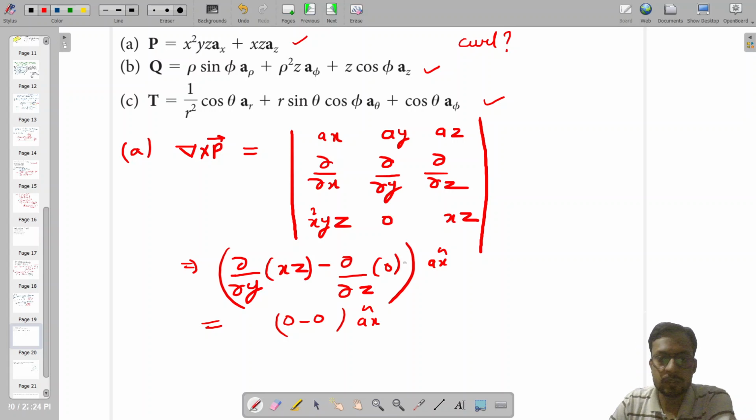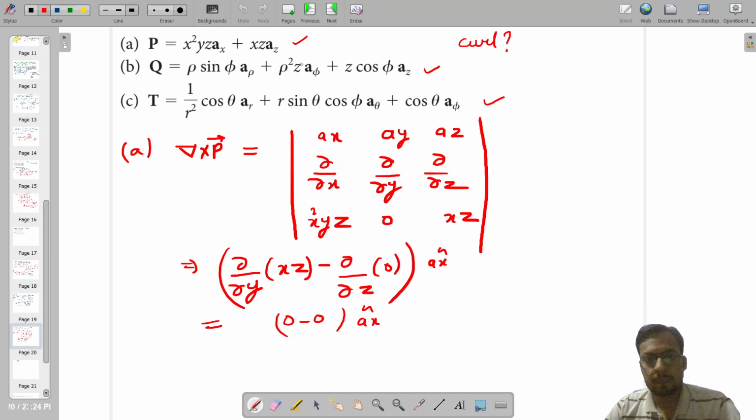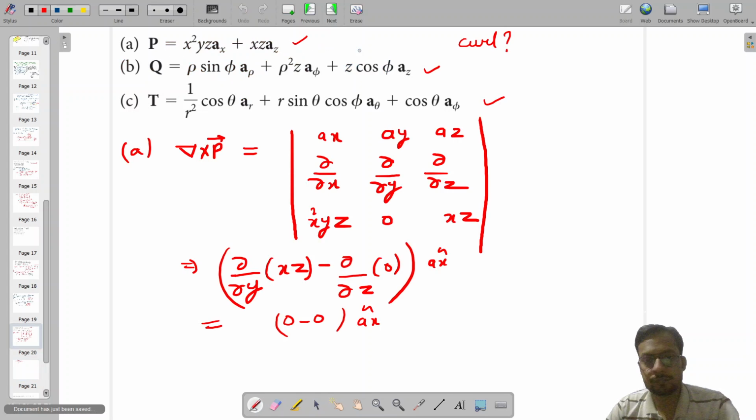Now for the second component, the y component, so minus sign: del upon del x of xz minus del upon del z of x square yz.